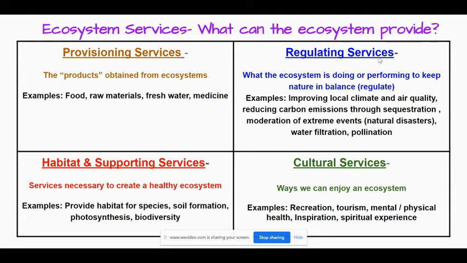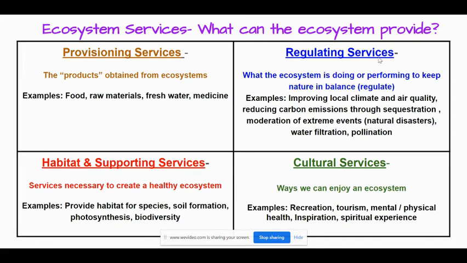It helps in the formation of soil. Photosynthesis would be a huge piece to this. It's a service that is present in order to support and maintain the health of that ecosystem, as well as biodiversity. Biodiversity we're going to learn about in a future unit, but essentially biodiversity is really important to support the health of an ecosystem. The more biodiversity you have, the healthier the ecosystem is going to be. So that looks at what kinds of things are happening or present to support that ecosystem.